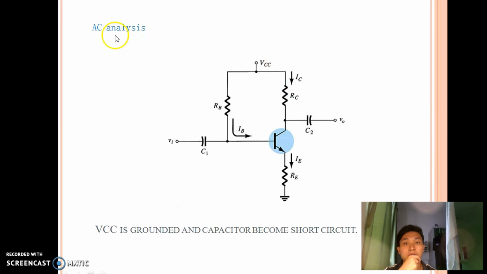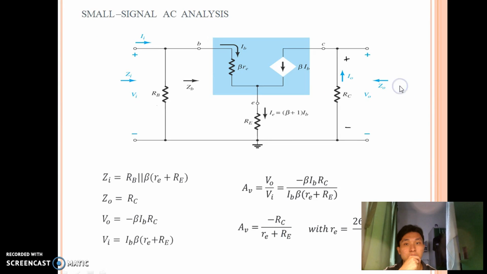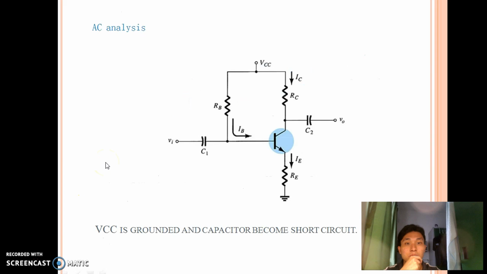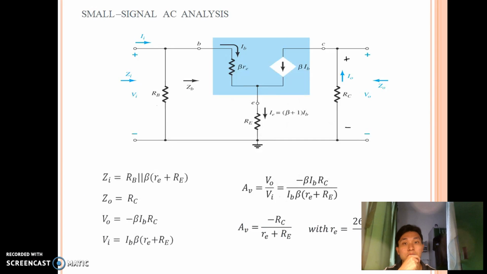Okay, for the AC analysis, first of all, we need VCC grounded and all the capacitors short circuited. Here is the small signal analysis for the BJT. It comes almost from the previous circuit, then we analyze it in the small signal model like this.